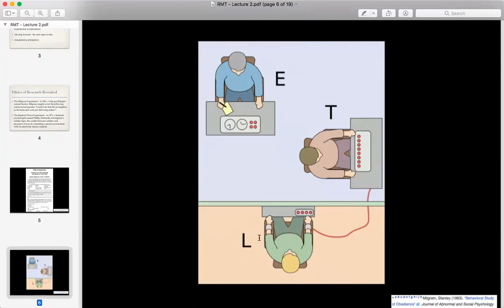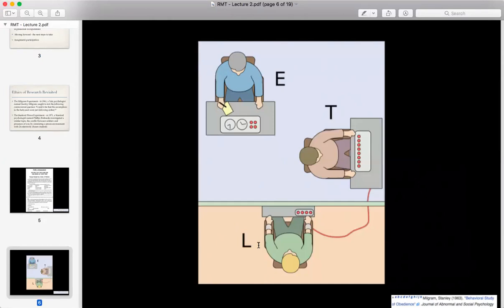L is hooked up to this fake electrical shock machine, and the idea is that the experimenter E is going to ask L a series of memory questions, and L has to respond.